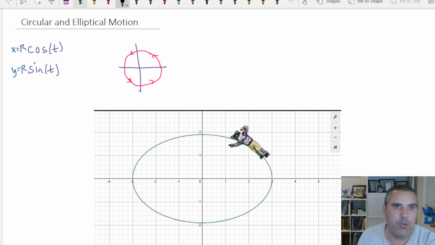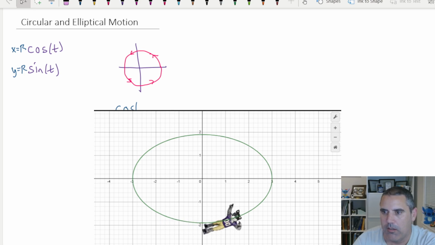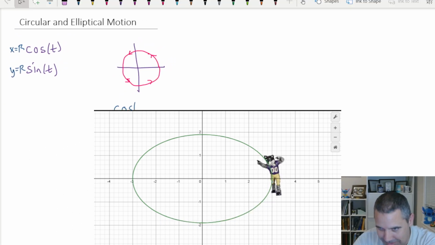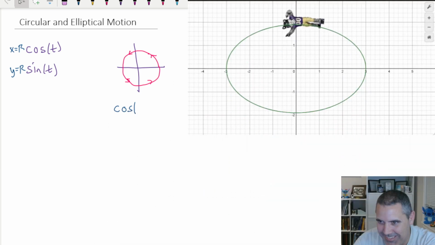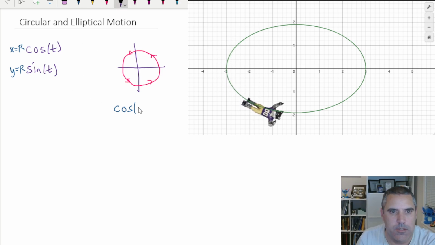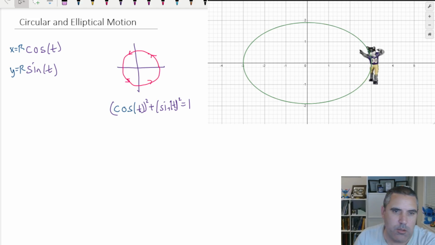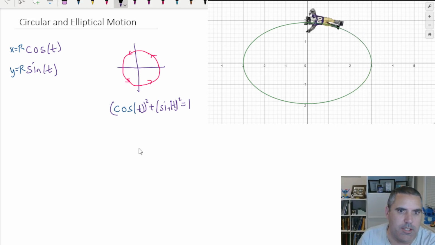A few different things. We have this identity: cosine squared plus sine squared is always 1. You can use that anywhere, as long as the input to the angle is the same.